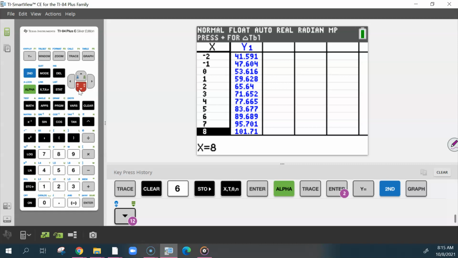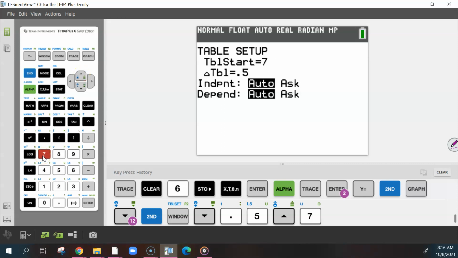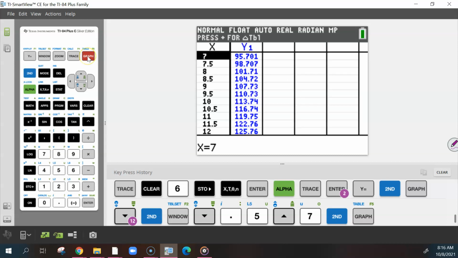If I wanted to know specifically, I could change my table. If I go into second window, that's your table set, this changes how much you're counting by in the table. So I can say I want to count by 0.5, and I'm going to start at 7. Then I go back to my table and see if that helped.